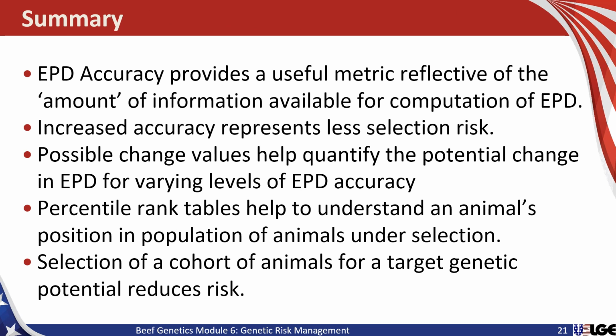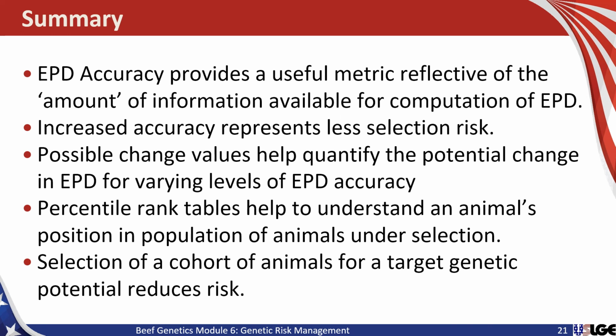In summary, EPD accuracy provides a useful metric and is reflective of the amount of information available for the computation of an EPD. Accuracies range from 0 to 1, with 1 being the most information and the most reliable, and 0 being the least. Increased accuracy represents less selection risk.